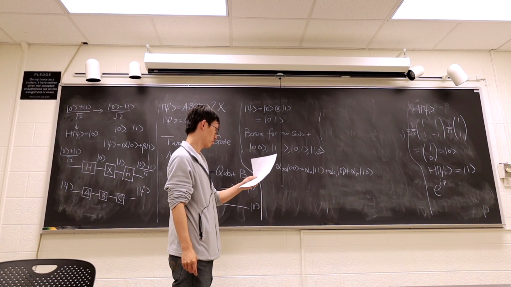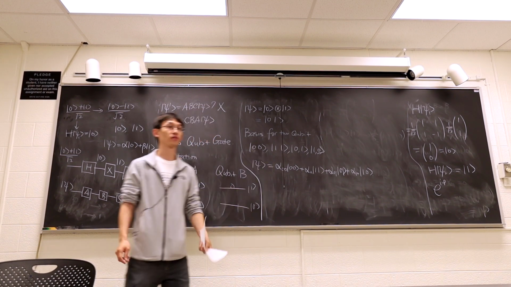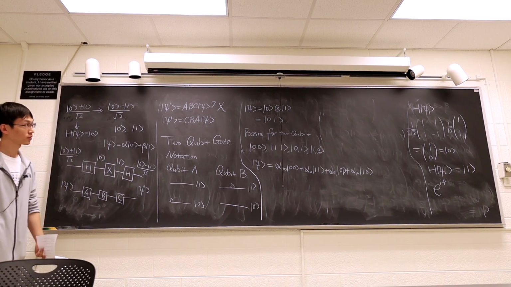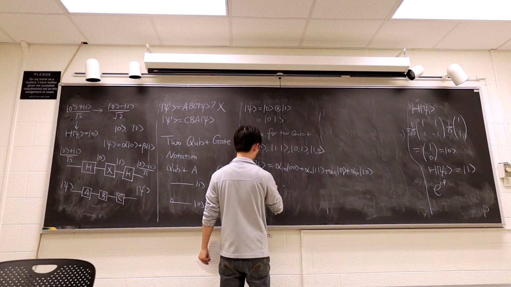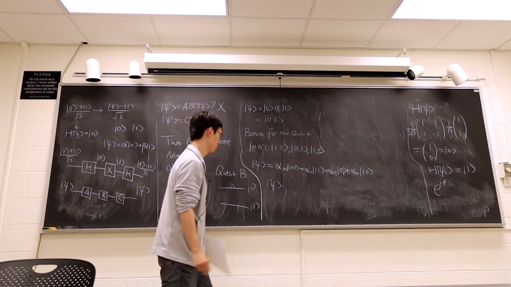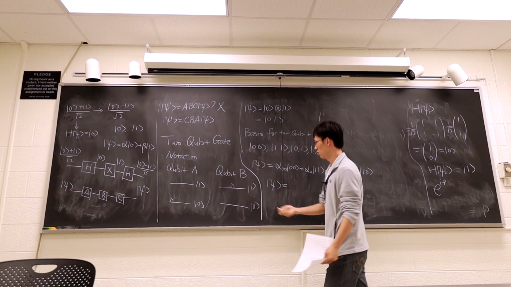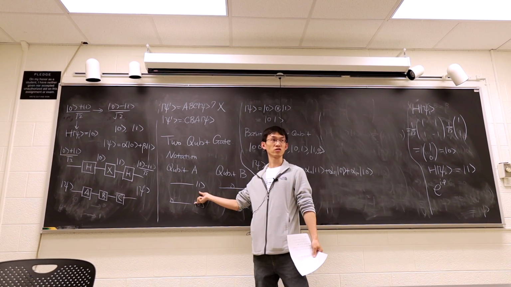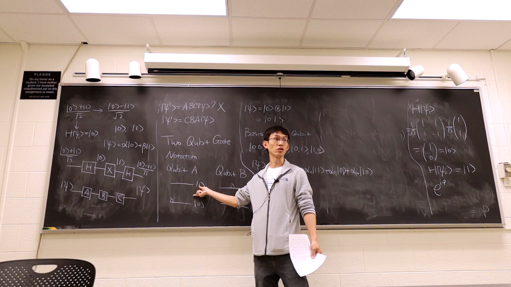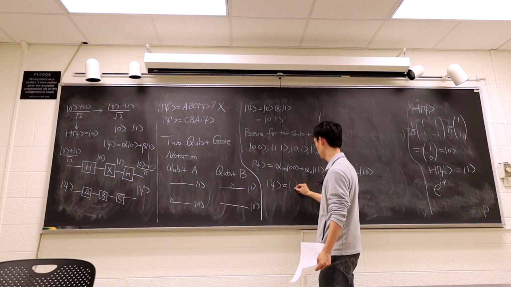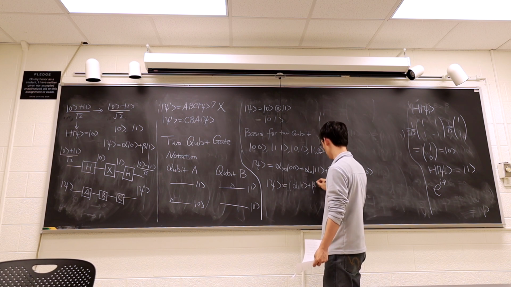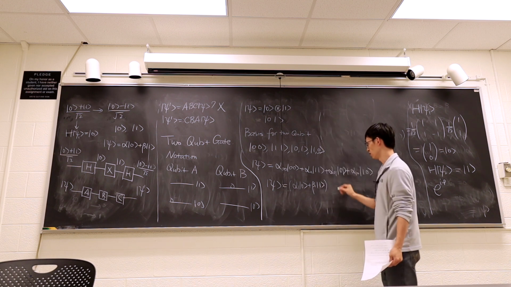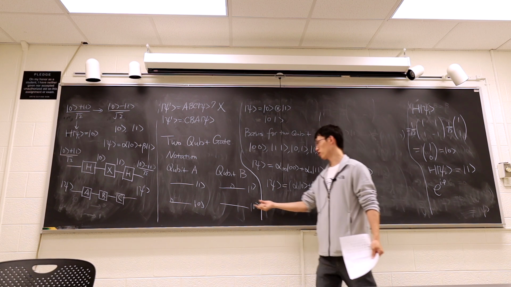Now, here comes the second common mistake. What a lot of people would do is write down their state as, they think, well, the first qubit can be in a superposition of 0 and 1, right? So they write down their first state, alpha 1, beta 1. And then the same thing for the second qubit.